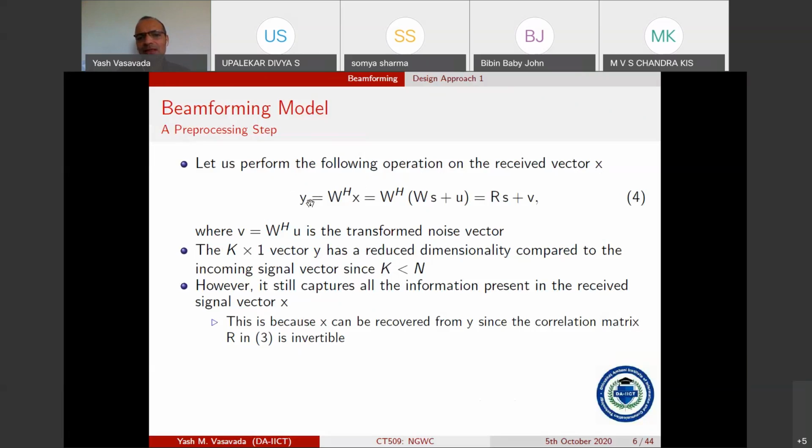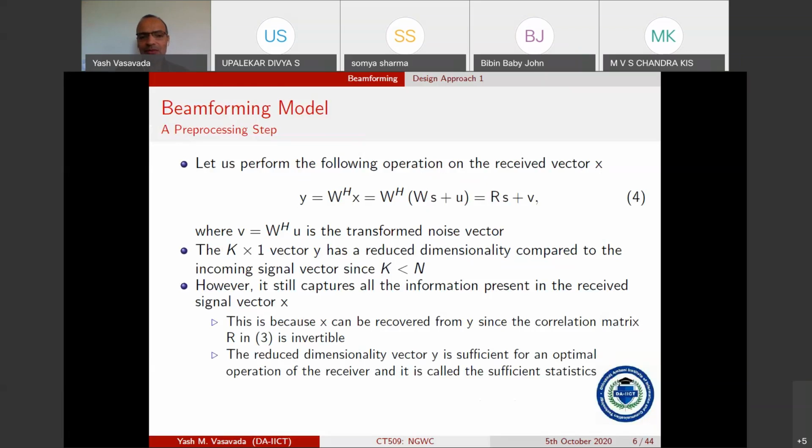And it may turn out that we can just remove maybe 97 of those 100 elements and keep only 3 elements of this vector Y. And those 3 elements are sufficient for us to then do the same type of receiver algorithm that we would have done on this original X. So a lot of the time this vector Y is used for signal processing expressions instead of relying on vector X all the time.